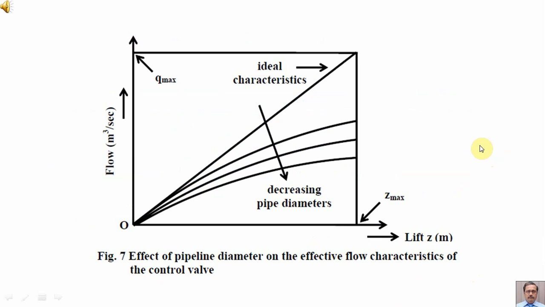This is the figure 7, effect of pipeline diameter on the effective flow characteristics of the control valve. So we can see that as the diameter is decreasing, the non-linearity is increasing. We begin with the linear characteristics, and as the diameter is decreasing, the non-linearity is increasing.